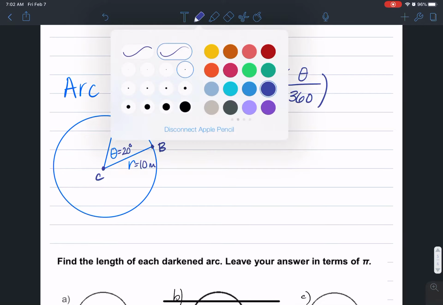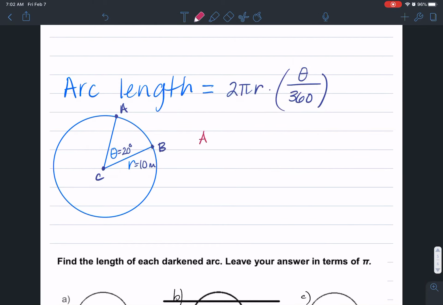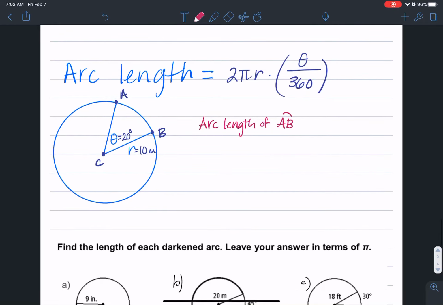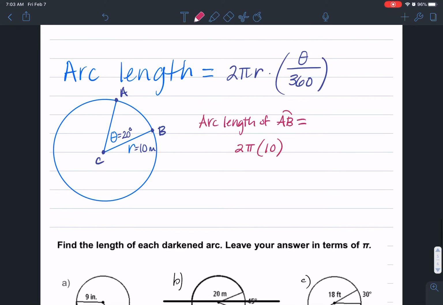Here's how I would do that. Arc length of AB, not the measure. The measure of AB is 20 degrees, but not the arc length. The arc length is 2 pi times, I plug in my r, 10. Then I plug in my theta, which is 20, out of 360.